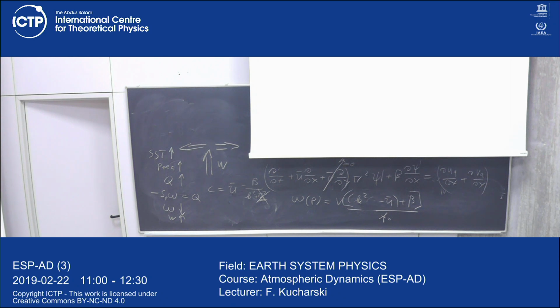No, cannot, because it's more complicated, since we don't have a mean flow. So stationary Rossby waves in that case don't exist. So I don't know about that statement. That statement is only true for stationary waves where we have a mean flow included, and then we can have stationary Rossby waves.